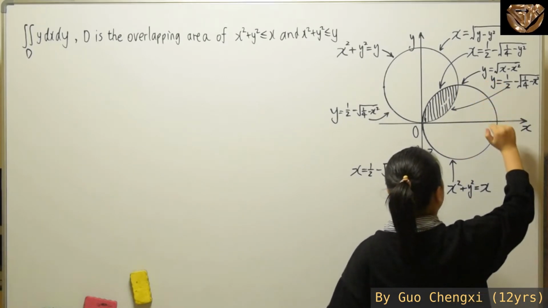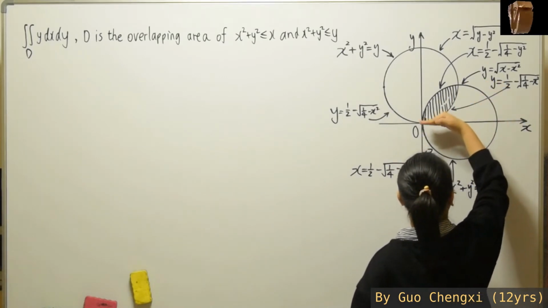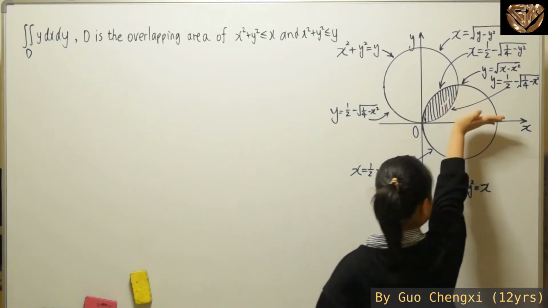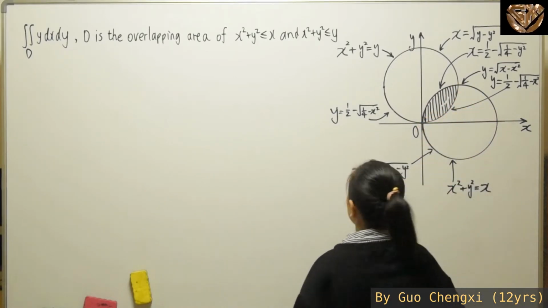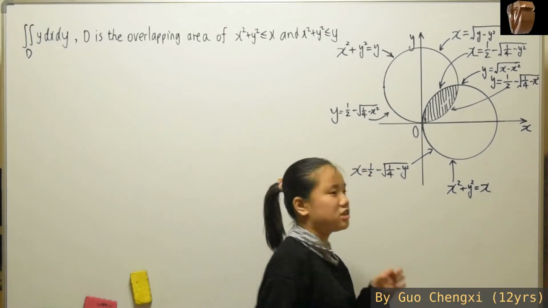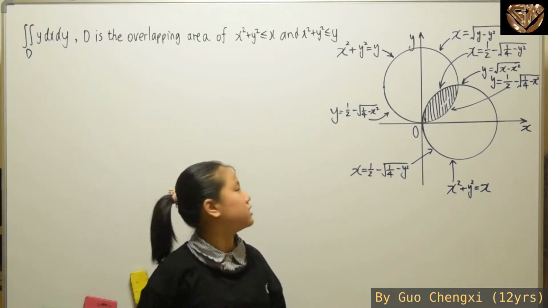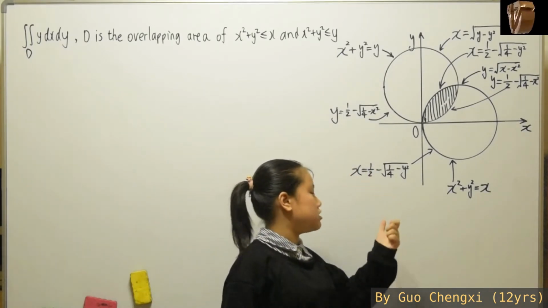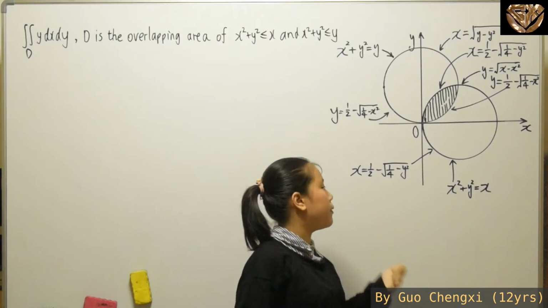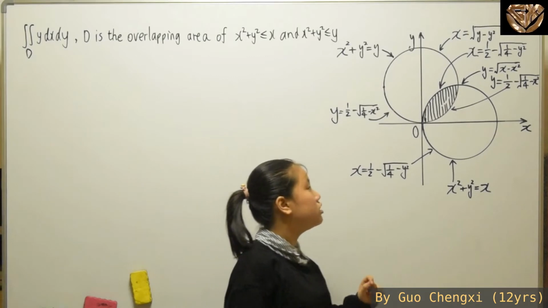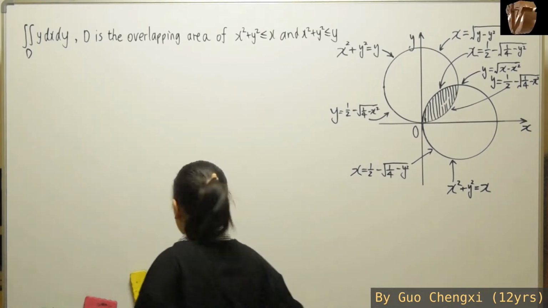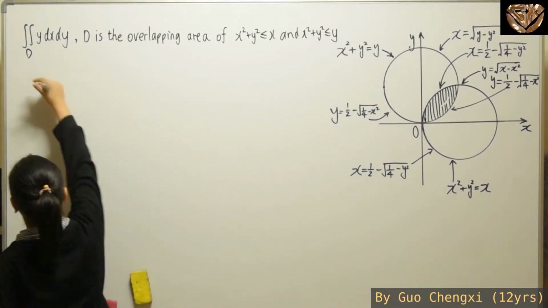For the y over here, the positive part is from here to here, and if it is the negative part, it will be this lower semicircle. So each circle will be split into 4 parts, and for each of these x and y, for the positive and for the negative, each will have a semicircle. Okay. Now we can start on with the question.